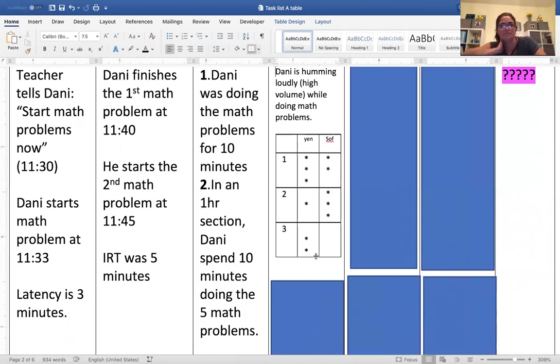She's scoring the client in how many intervals? This is interval number 1, interval number 2, and interval number 3. In how many intervals would she score that the client did whole interval recording?